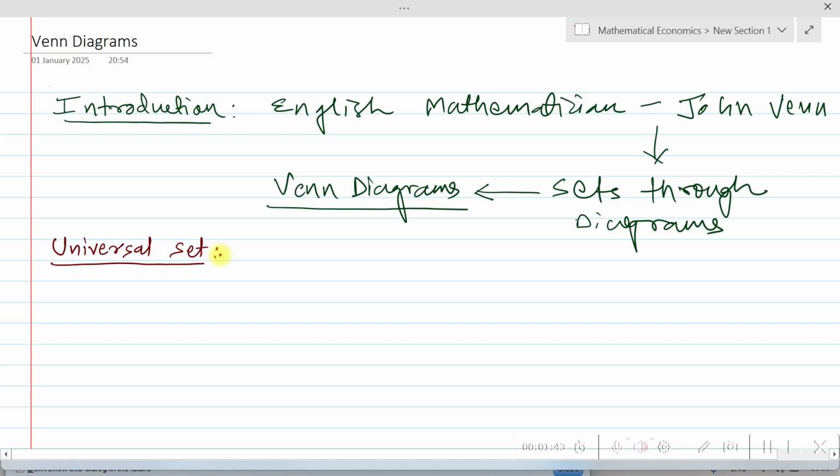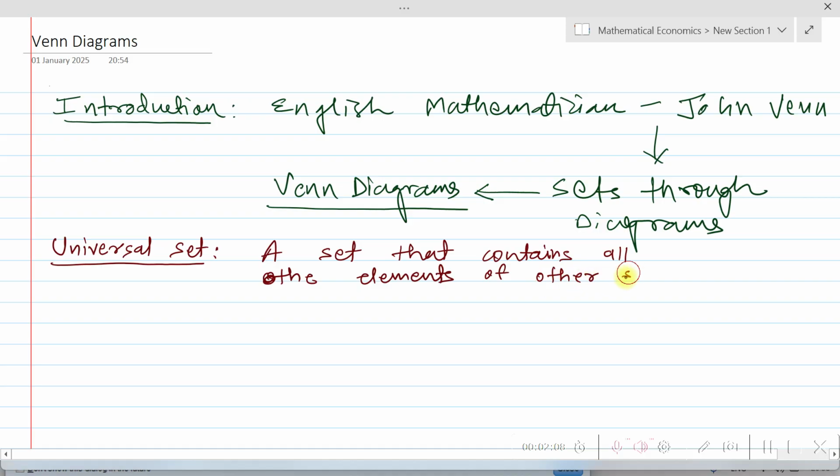A set that contains all the elements of other sets, and it is denoted by capital U, and it is represented by rectangle.